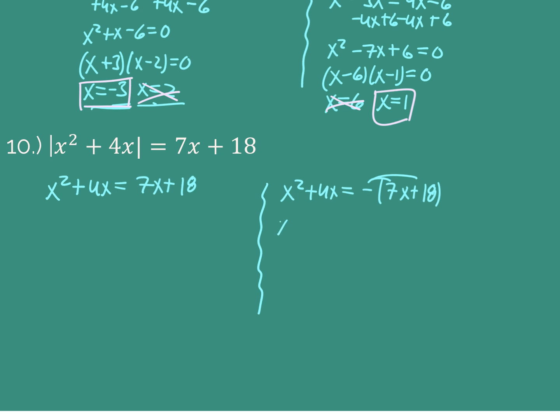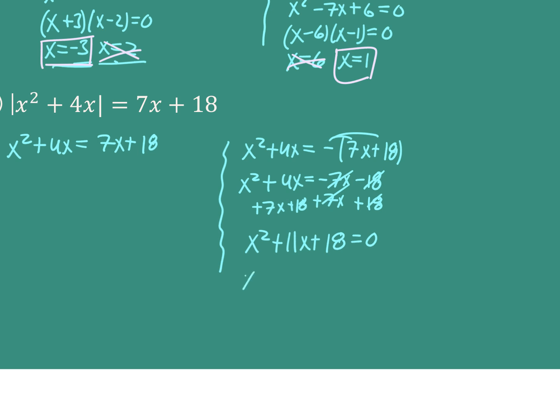I'll just start over here. So x squared plus 4x equals negative 7x minus 18. I can add 7x and add 18 on both sides, and then everything on the right-hand side becomes 0, and I get x squared plus 11x plus 18 equals 0.